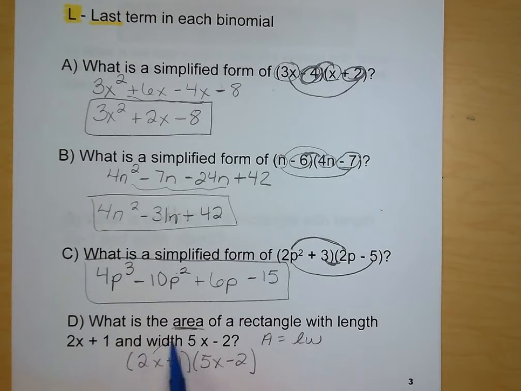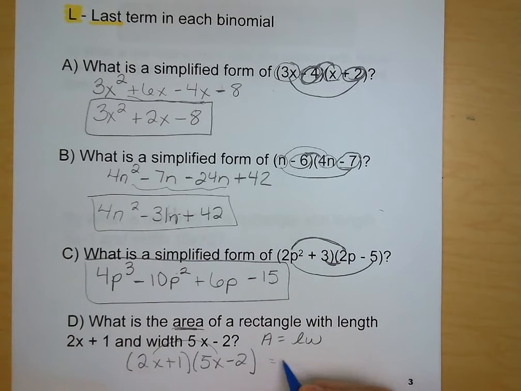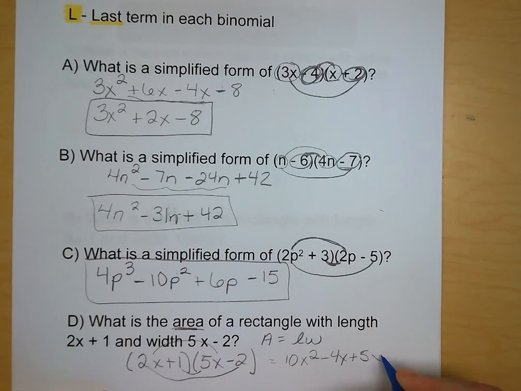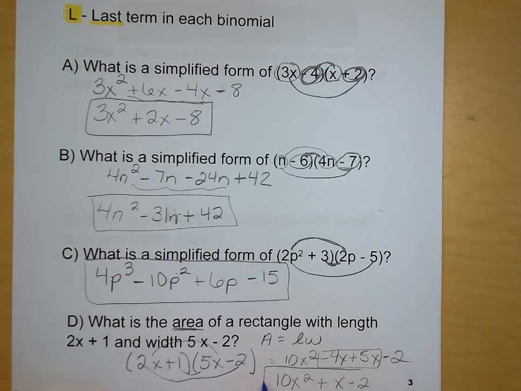Use FOIL. 2x times 5x is 10x squared. 2x times negative 2 is minus 4x. 5x times 1 is 5x. And we'll have minus 2. We do have like terms that we can combine here. A minus 4x and a plus 5x. So we have 10x squared plus x minus 2.